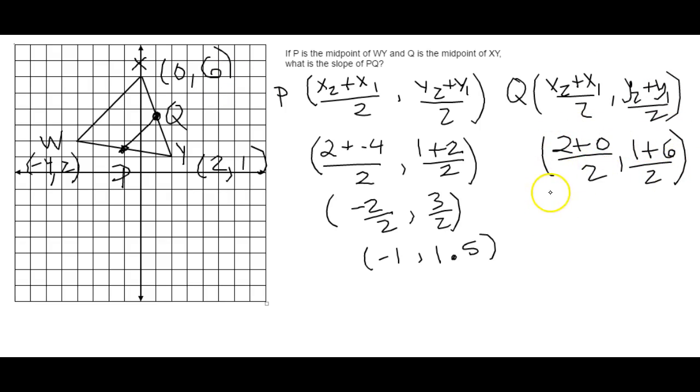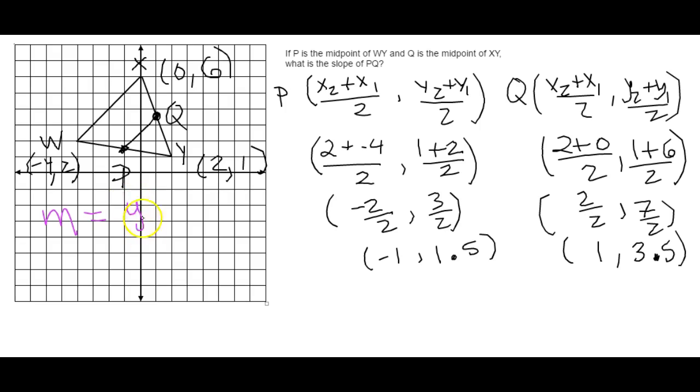We add the numerators first. 2 plus 0 is 2, 1 plus 6 is 7, and then we divide and get 1, 3.5. Again, we're getting a decimal. So now we want the slope from P to Q. Now we're going to use the slope formula.